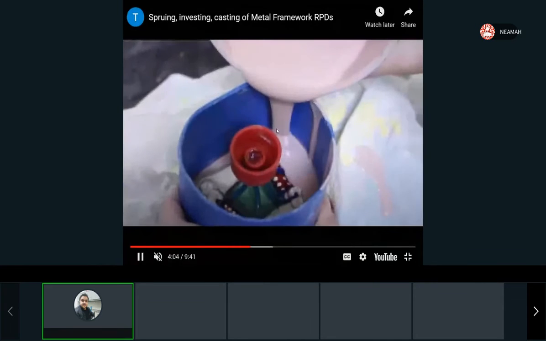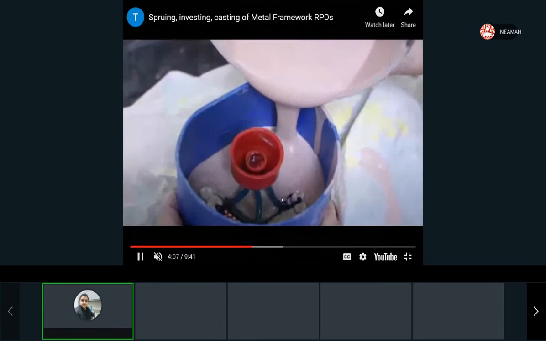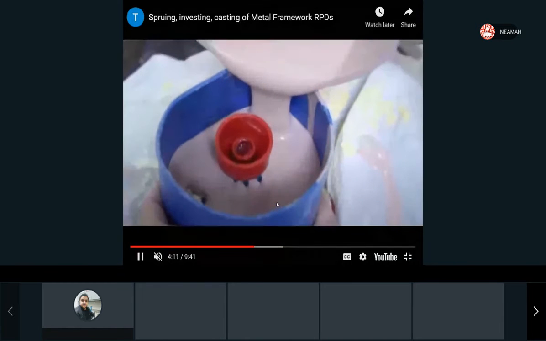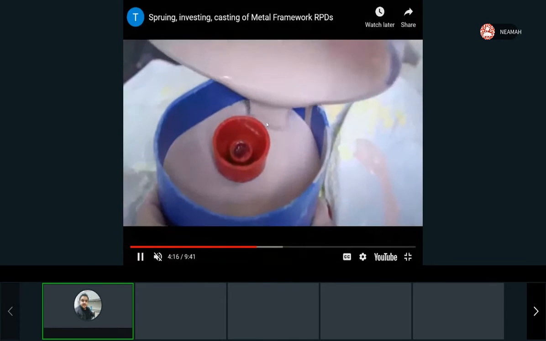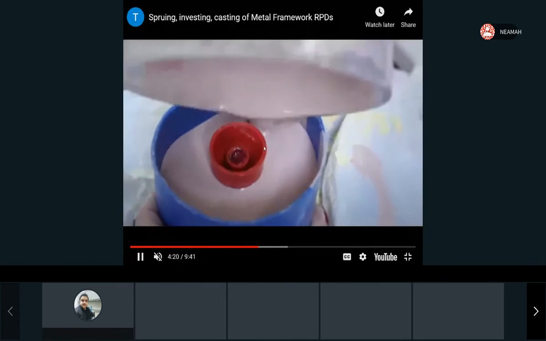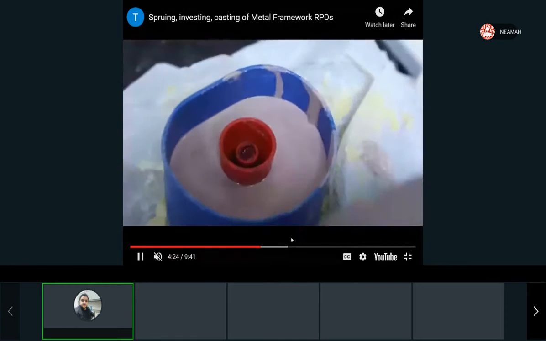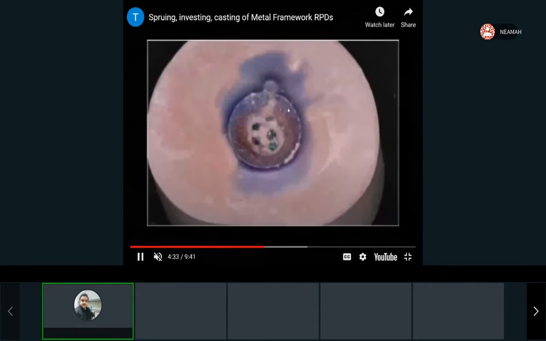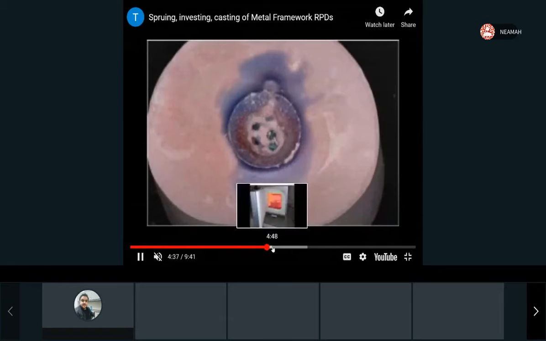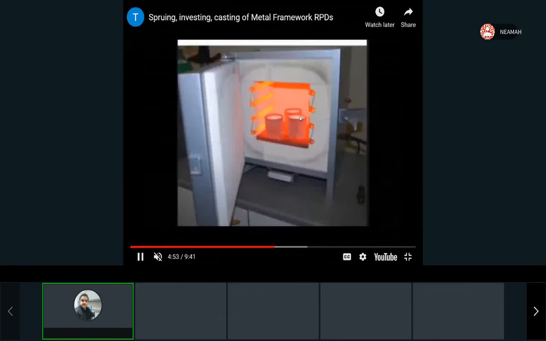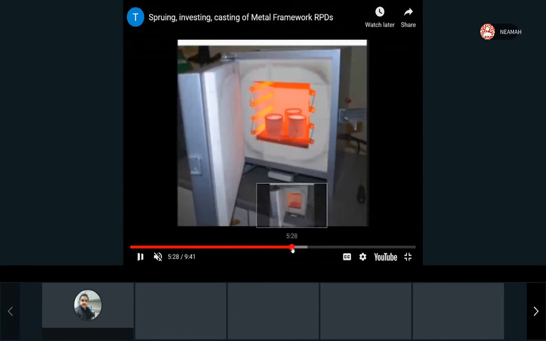And now they're pouring all of that in there. The only part that will remain is this part on top. This will set, and once it sets, we will put it in an oven. See, this is done. And then we put it in an oven that will evaporate all of the wax that was in there.